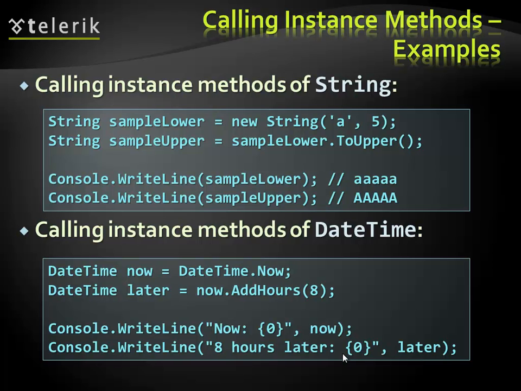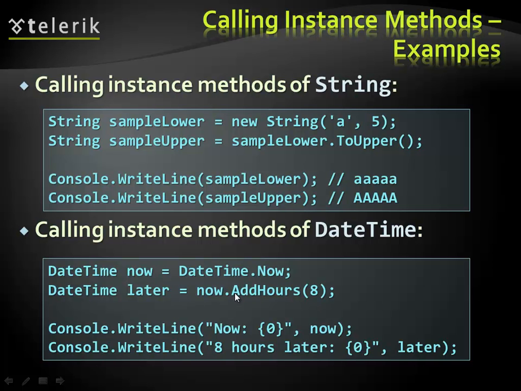So now and later are the same object, or do we instantiate a different object? No, we are instantiating a different object called later, and we are putting into it a value which is returned by a function here. So now.AddHours will return a new instance of a DateTime object, which is this time plus 8 hours.